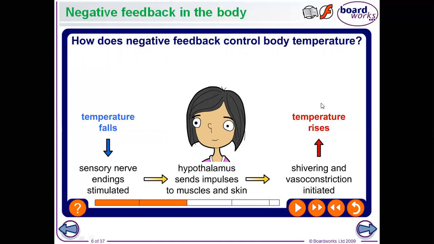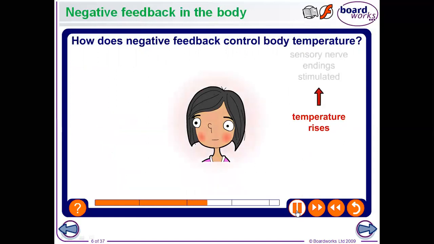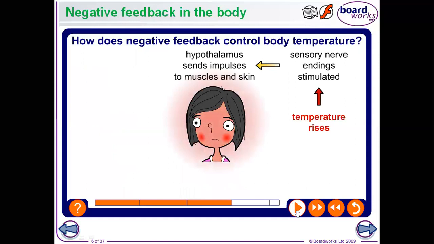But another condition we have, let's suppose temperature rises above normal. So what will happen? At that time, nerve cells will be stimulated and the impulse will reach the hypothalamus. The hypothalamus will send the impulse to muscle and skin.